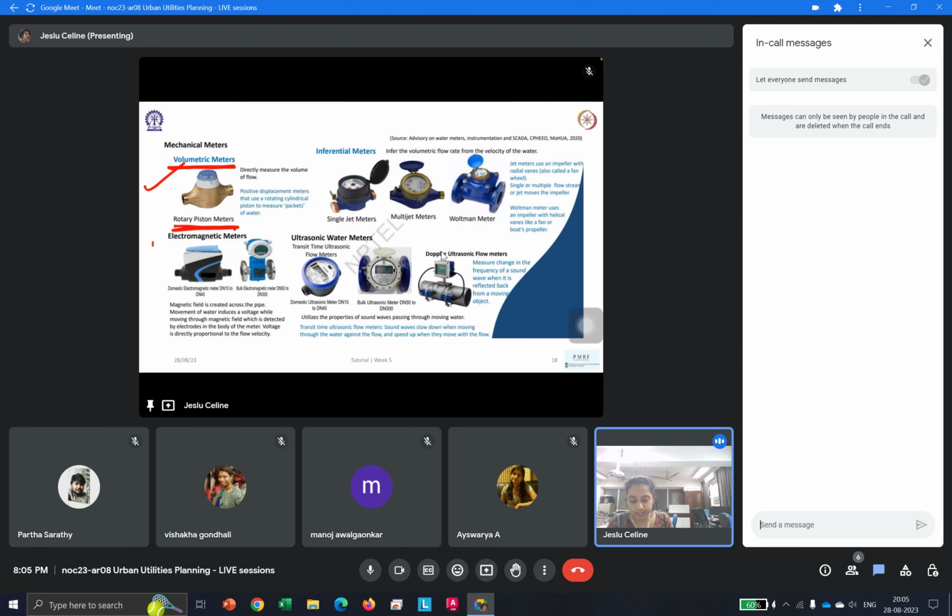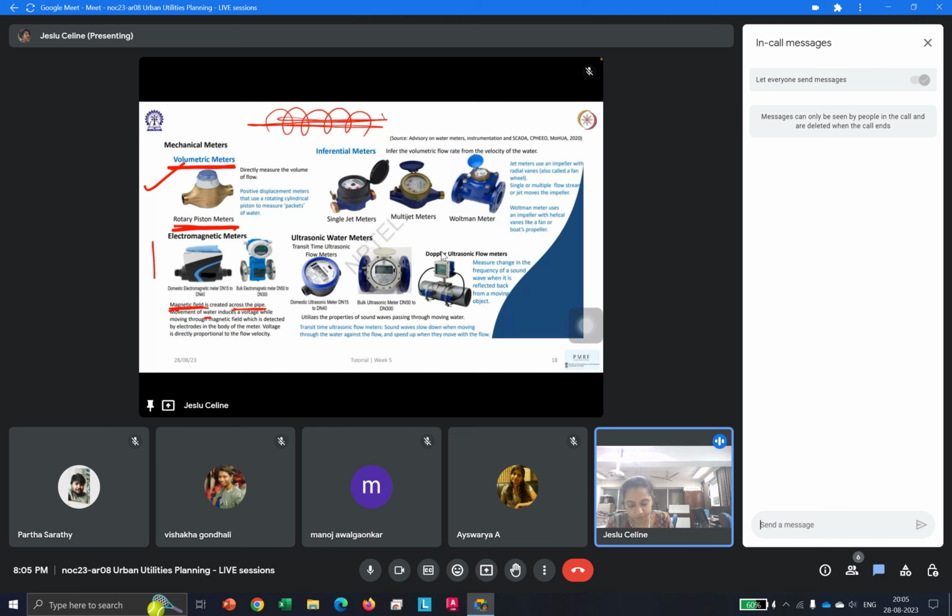What does the electromagnetic meter do? It creates a magnetic field across the pipe. Whenever there is movement of water, because there's a magnetic field, so we have learned in school, when something is moved across a magnetic field, it can induce some electricity inside it.